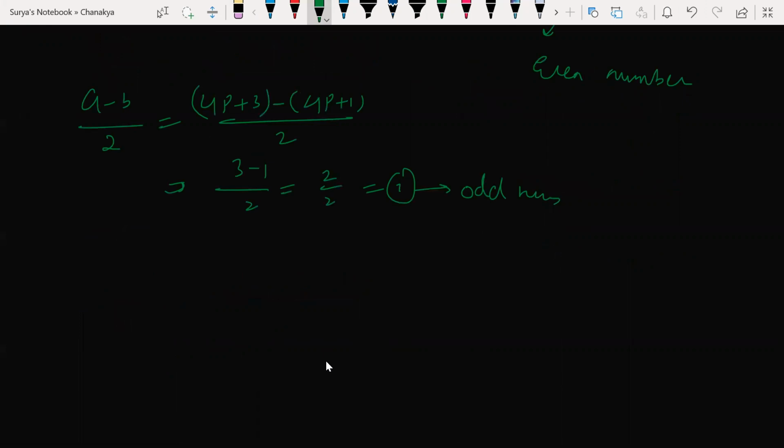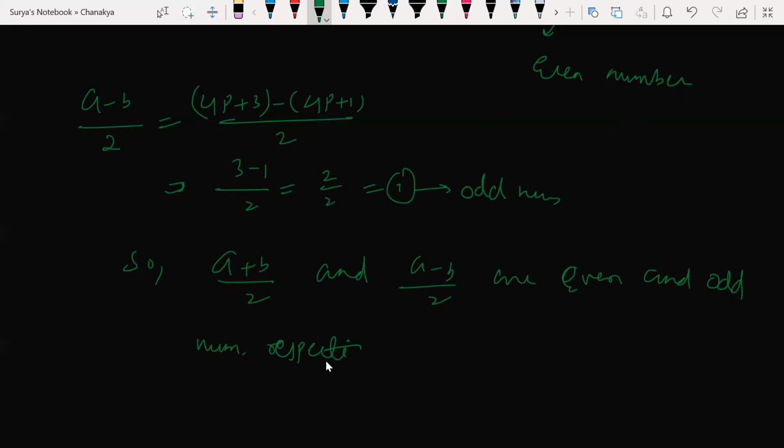Then hence proved. So (a plus b) by 2 and (a minus b) by 2 are even and odd numbers respectively. Correct? Any doubts? No doubt, sir.